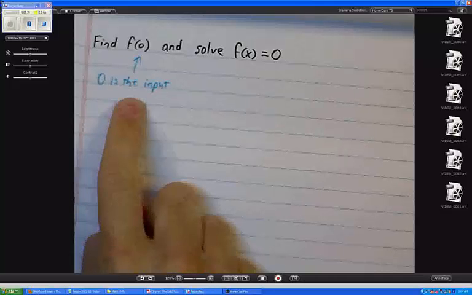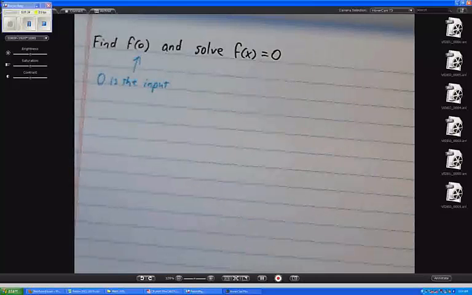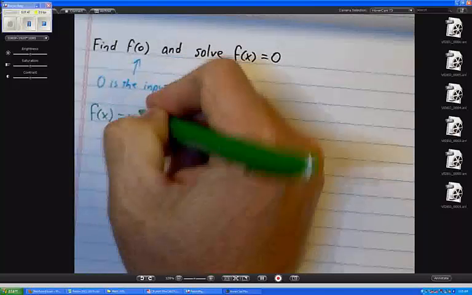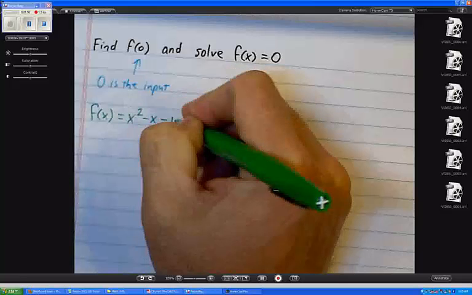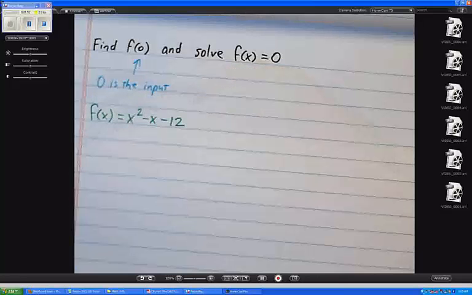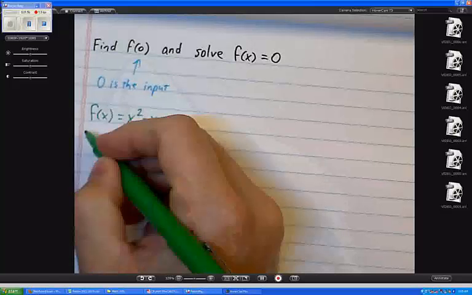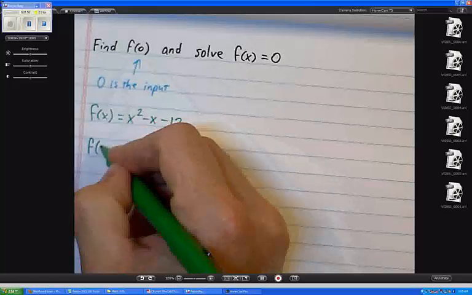All right? So now just again, to use number 30 as an example, what's the function? The function is x squared minus x minus 12, okay? So when they say find f of 0, I like to have the function written down, and then directly below it I'm going to put the 0 in for the input, right?